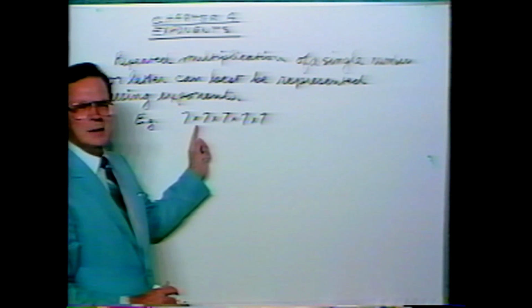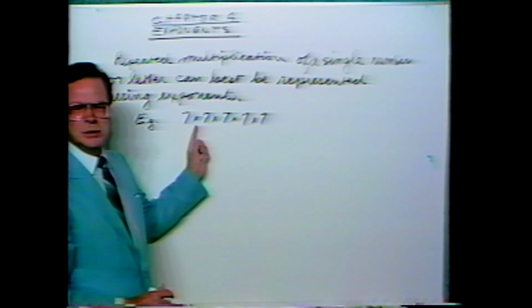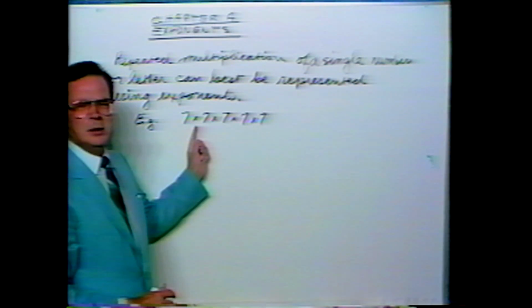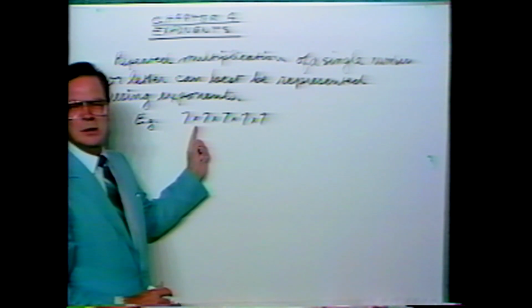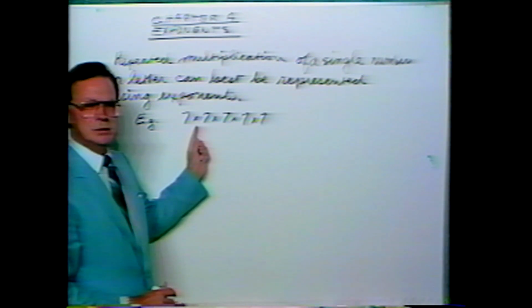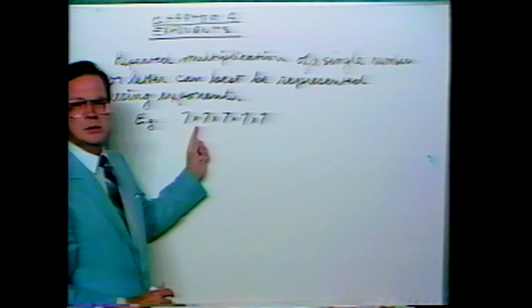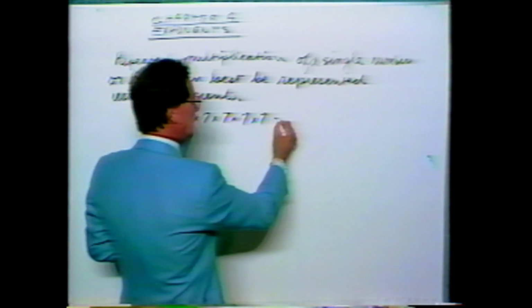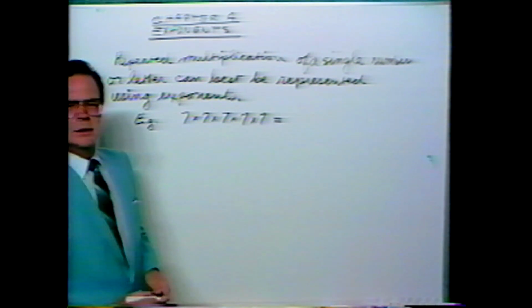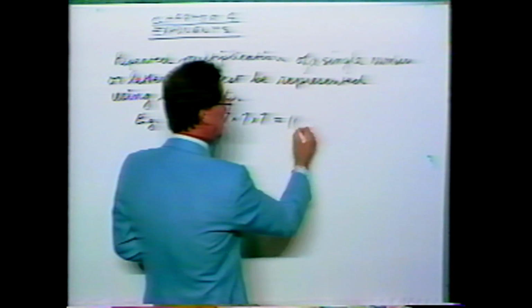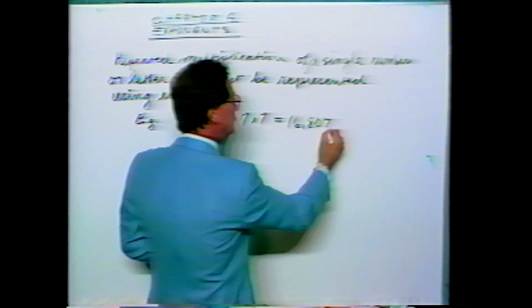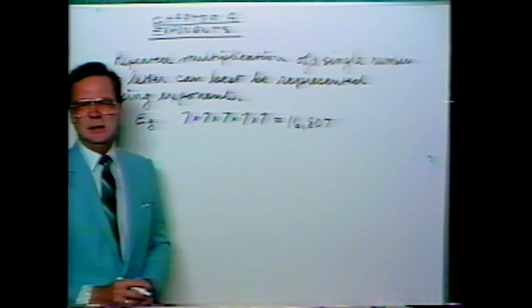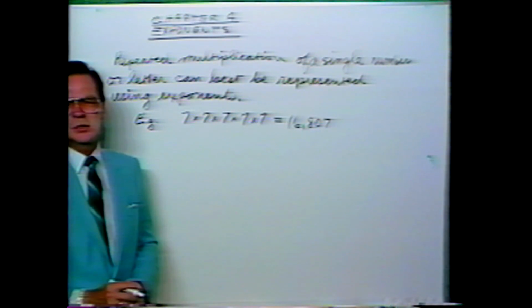I have used the times sign to indicate multiplication here, but later on I will show you other ways where multiplication is indicated as well by using other signs. This, of course, can be written and shown equal to 16,807. But there is another interesting and simple way to write that expression, which is the reason for this lecture.